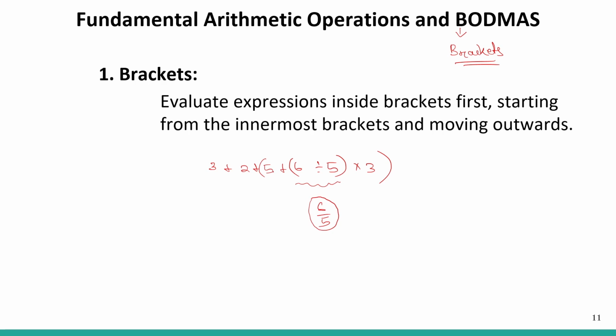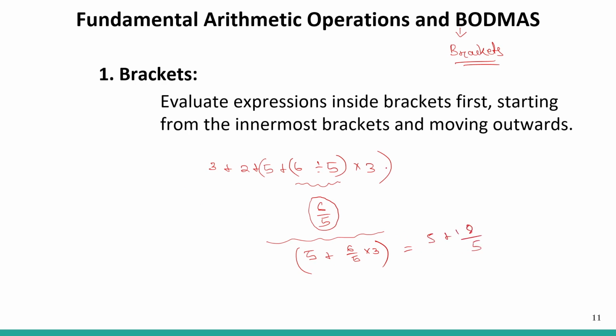Next we go to the next innermost bracket, that is 5 plus 6 by 5 into 3. So this part becomes 5 plus 6 by 5 into 3. Now we are free of brackets, and we evaluate this, which is equal to 5 plus 18 by 5.